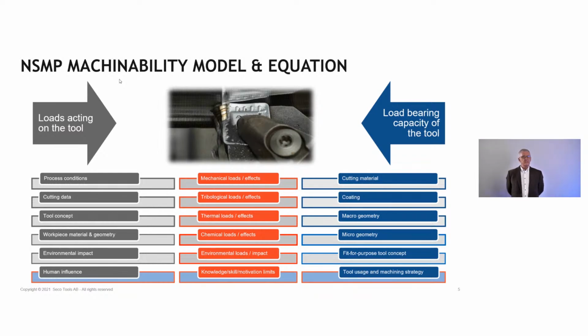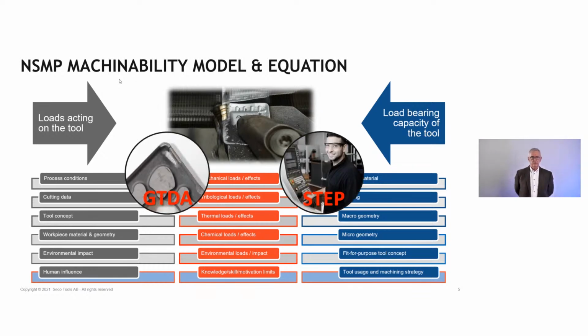It's an equation in which there are quite a lot of variables, and there are things we can do to connect variables, and machinability is about, in an intelligent, smart way, combining all these variables in such a way that they lead to the wanted result.